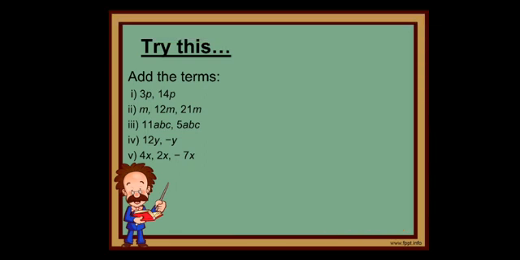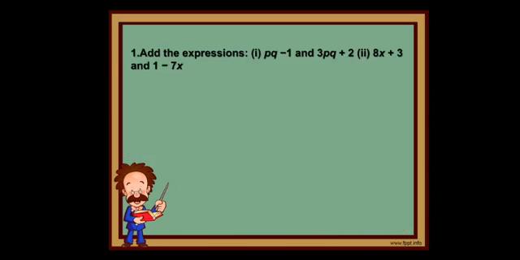Now add the expressions pq minus 1 and 3pq plus 2. And the second one is 8x plus 3 and 1 minus 7x. Solution. First one, pq minus 1 plus 3pq plus 2. What do we have to do to add these two expressions? First we have to group the like terms.